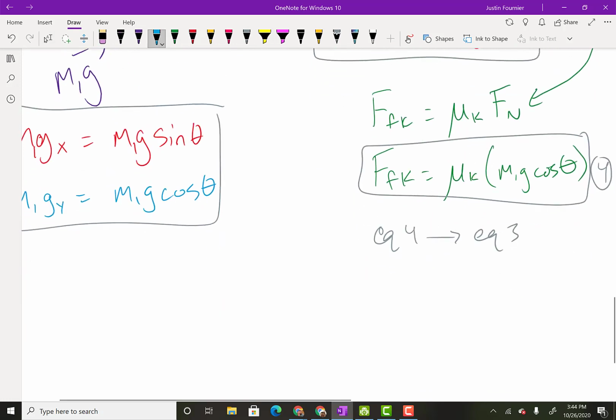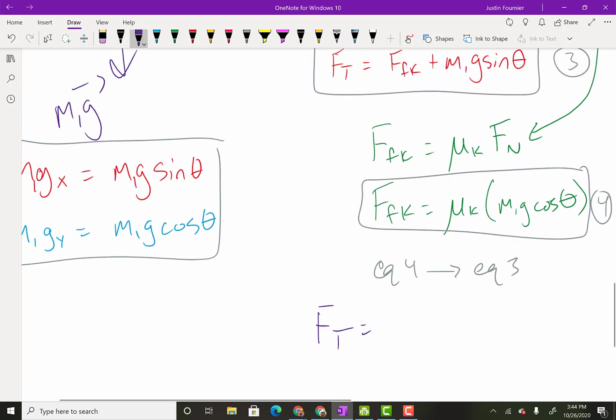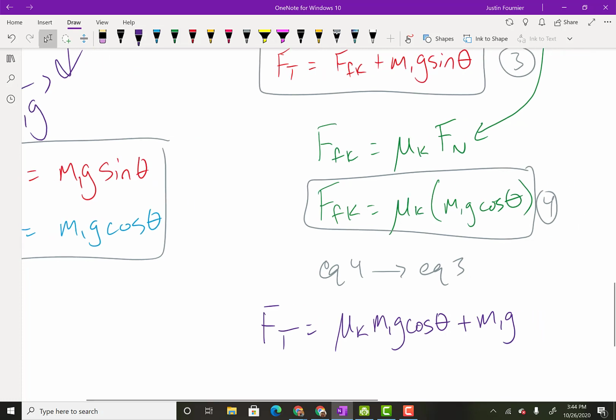That's going to give me the tension force is equal to, and instead of Ffk, I now have mu k m1g cosine theta plus m1g sine theta. So there we go, I got all that. I could factor out this m1g, but right now I'm just going to keep it as it is.